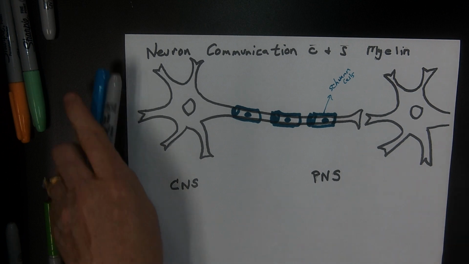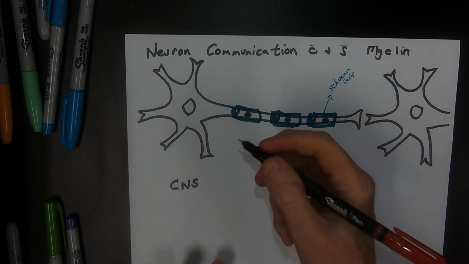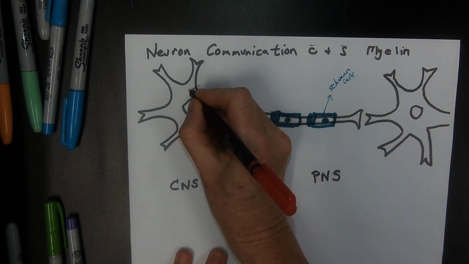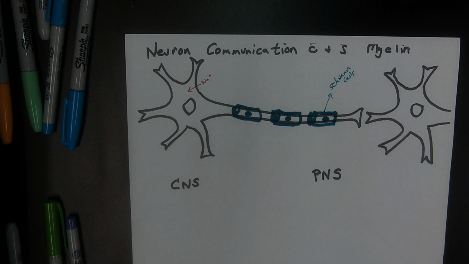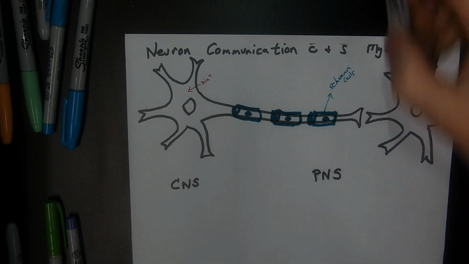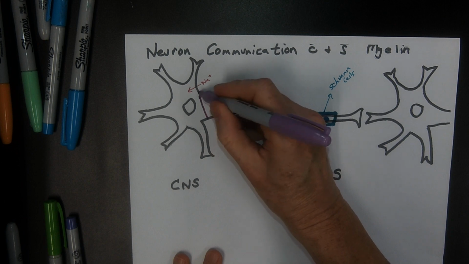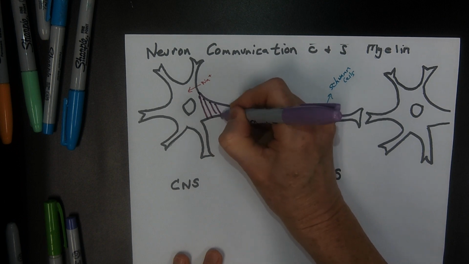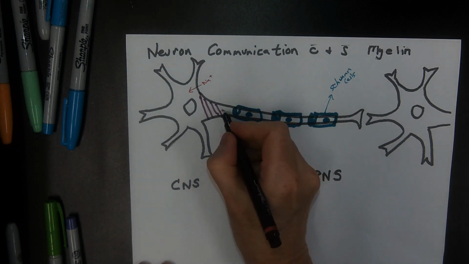We talked about the mechanically gated ion channels causing the influx of sodium into the cell. And when that sodium threshold reaches minus 50 millivolts, and that signal is received by the axon hillock, you have the action potential starting. So the action potential starts here.